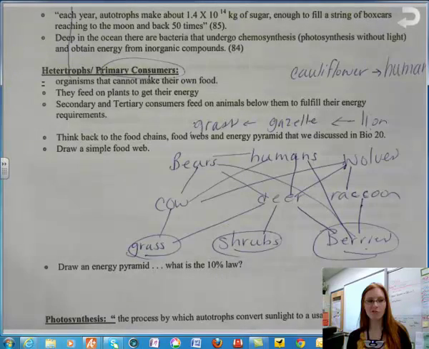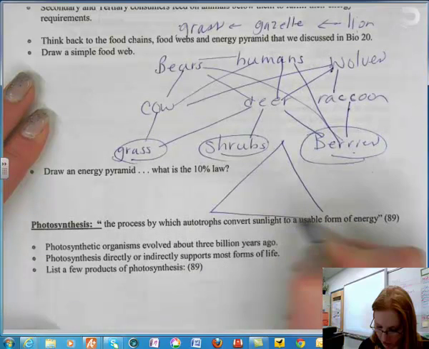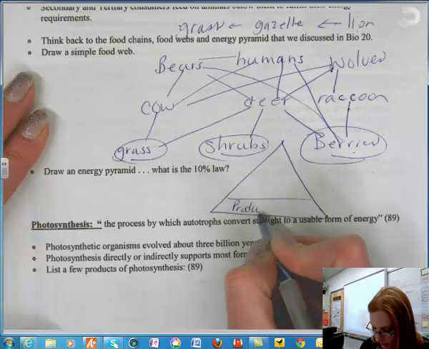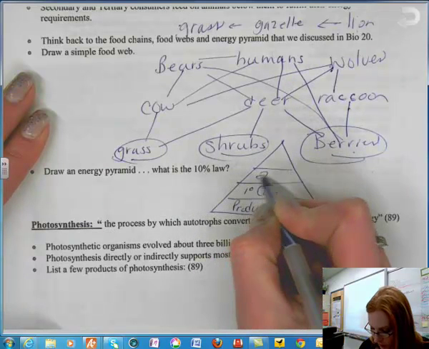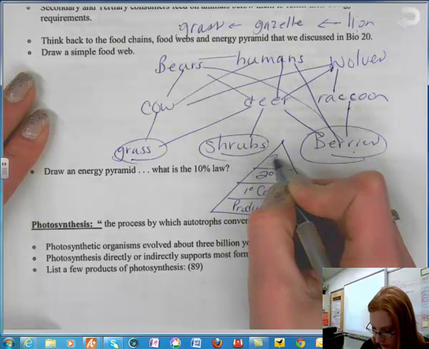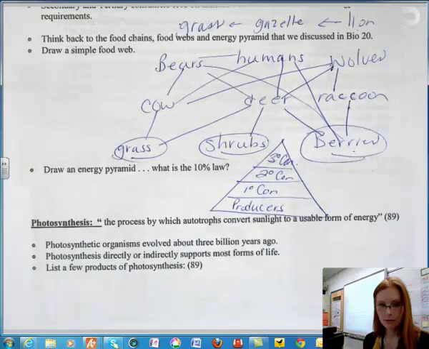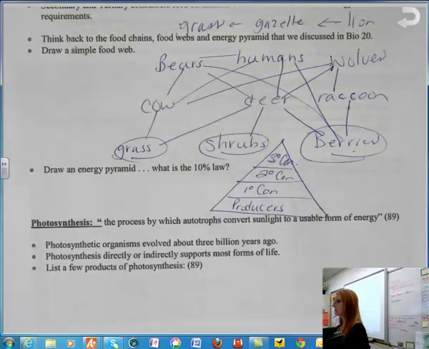Now, if we were to take a look at an energy pyramid as a quick review, this would be the producers, primary consumers, secondary consumers, tertiary consumers. How much energy gets passed from one level to the next? 10%.